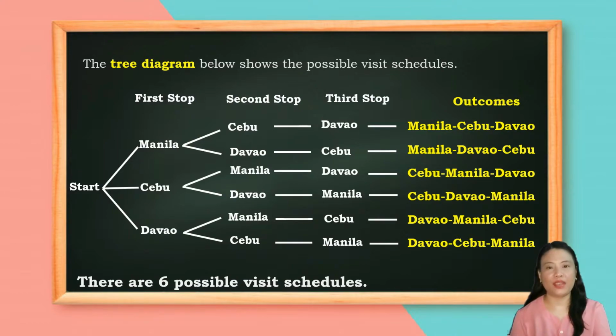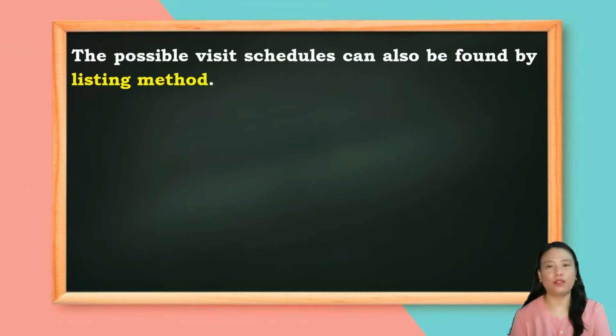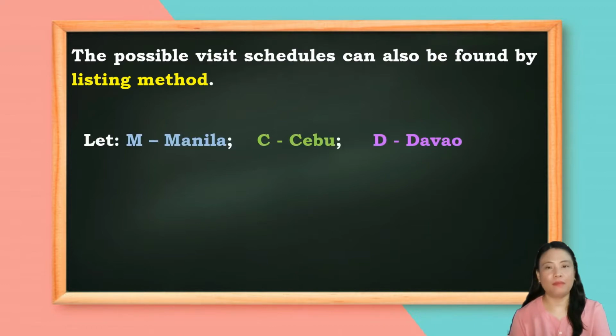Aside from the tree diagram, the possible visit schedules can also be found using listing method. Let's do the listing method. Let's represent M for Manila, C for Cebu, and D for Davao.